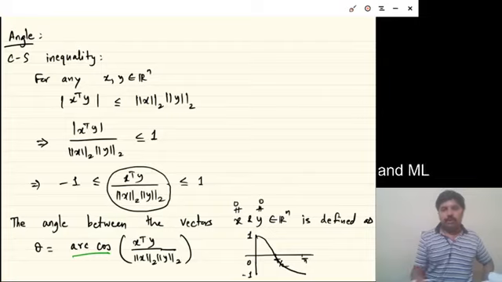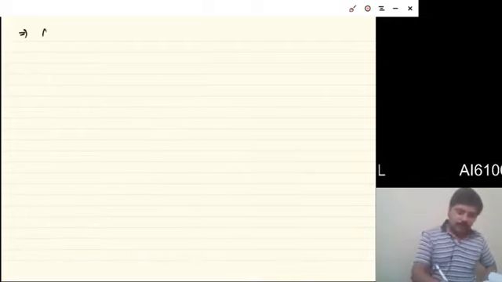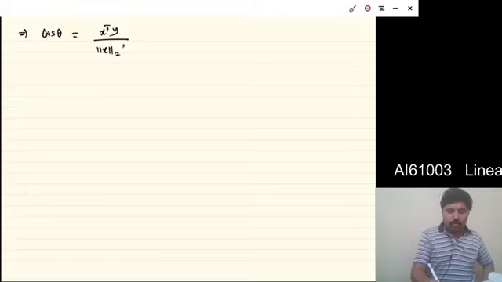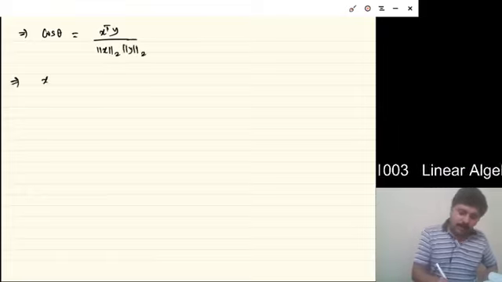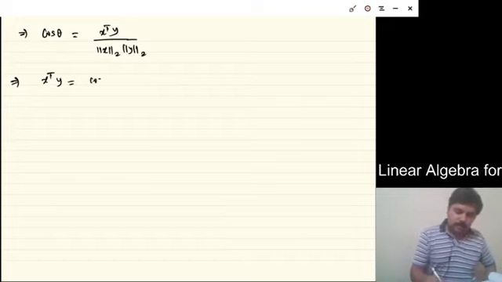So that's how you define this angle theta between the two vectors. So this implies that cos theta is equal to x transpose y divided by the 2 norm of x times the 2 norm of y, which is the same as saying x transpose y is equal to norm x norm y cos theta.